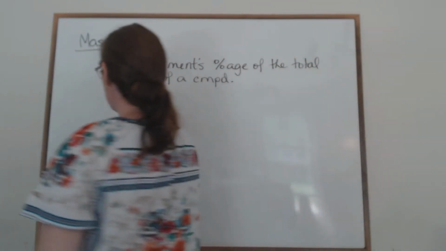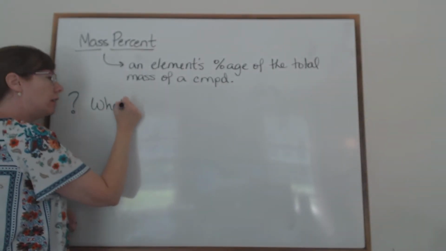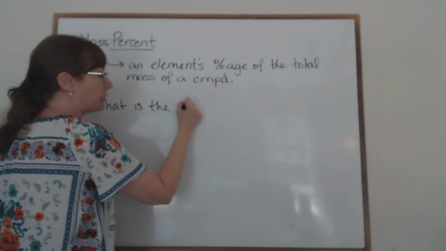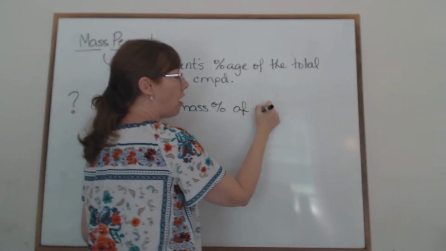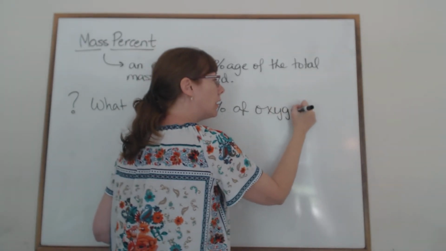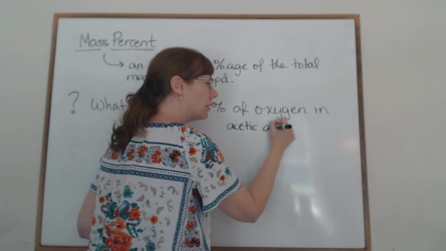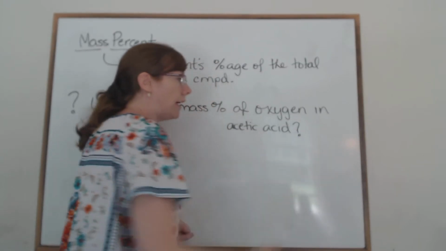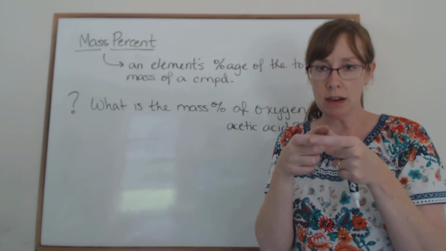Let's go ahead and do a practice question on mass percent. What is the mass percent of, let's say, oxygen in acetic acid? Mass percent is zeroing in on one of the elements in a compound.